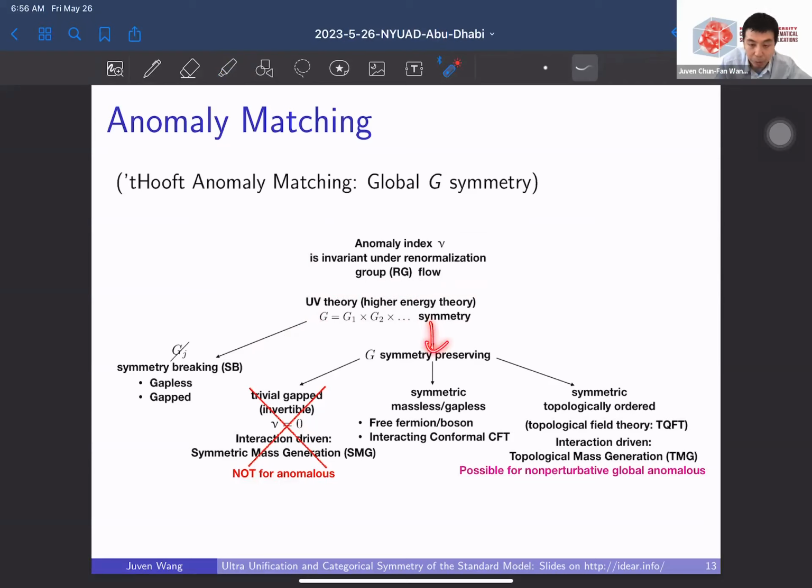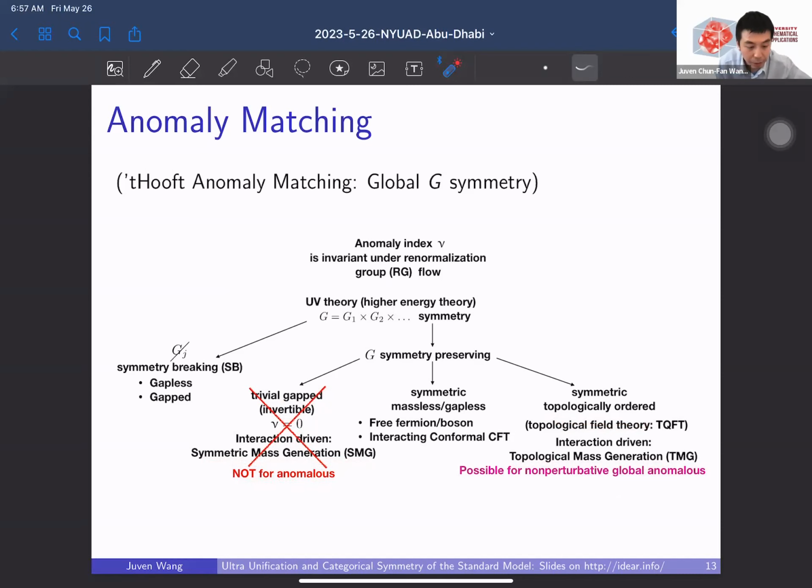And you could possibly preserve the symmetry with some gapless fermions or even an interacting CFT. But if the index is non-zero, then you cannot have a symmetric gapped phase. That is, with no anomaly, such a thing is known as symmetric mass generation. It's not possible for that. But it could be a symmetric gapped TQFT, which some people call topological mass generation. It's possible only for some global anomaly.